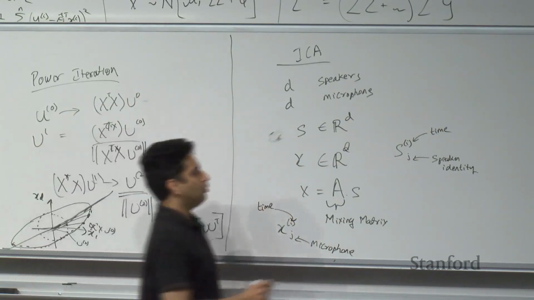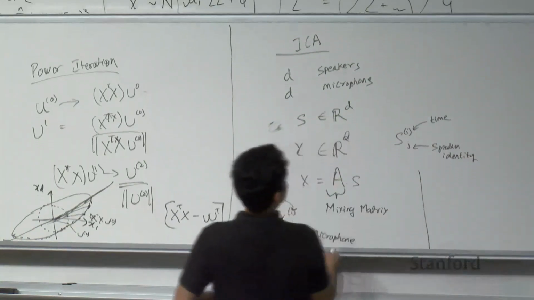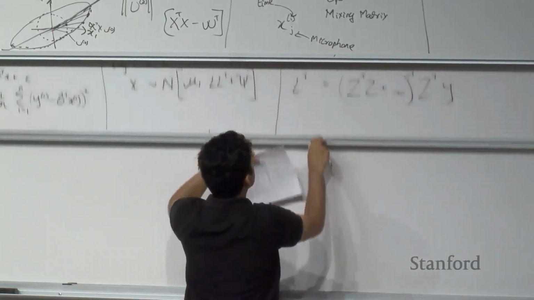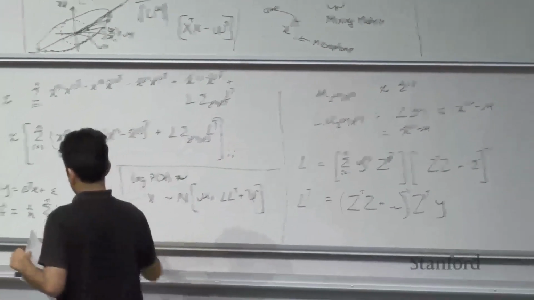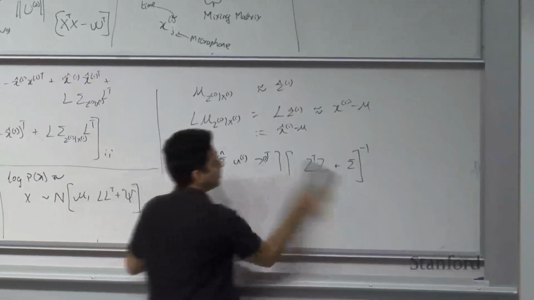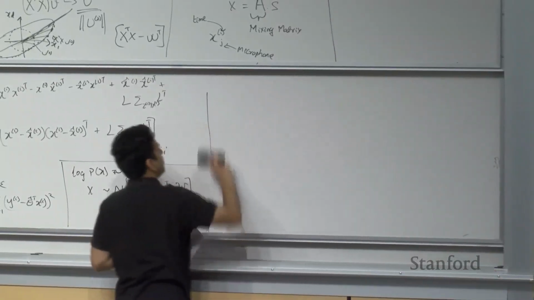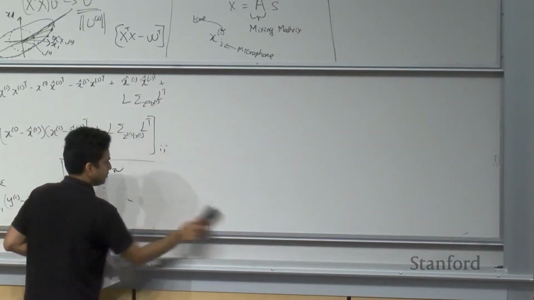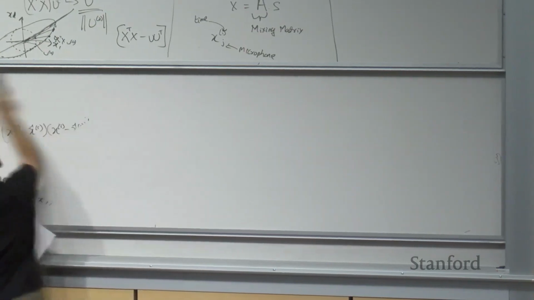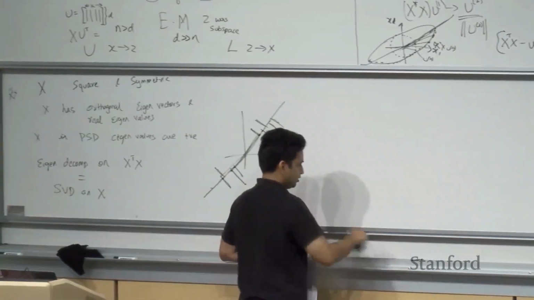So what's happening is we have D different speakers saying whatever they are saying, and D different microphones recording them.